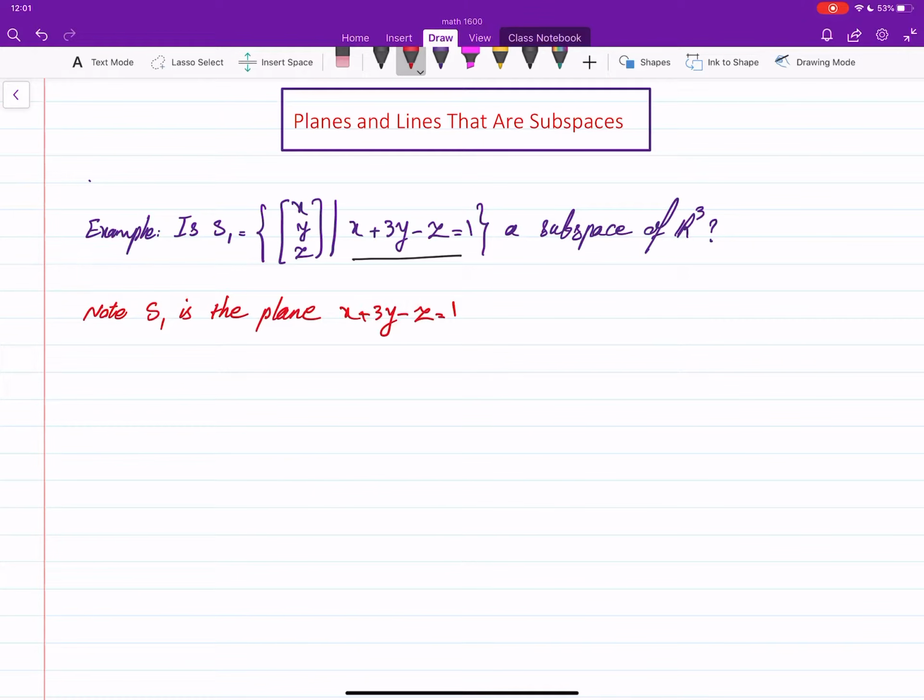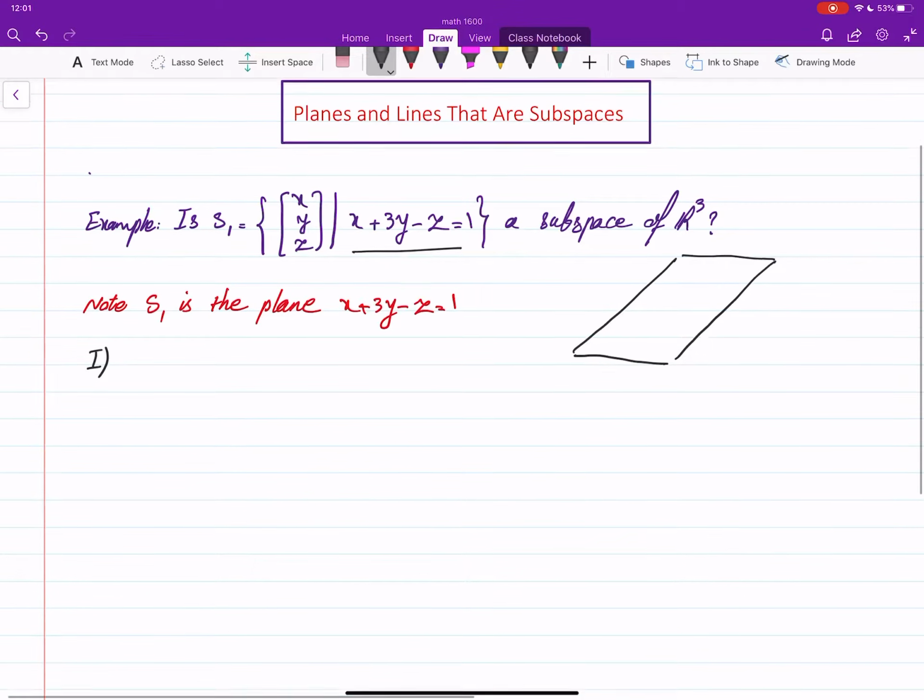Here we are trying to check if this plane, which is a plane in R3, is a subspace or not. Well, the checking doesn't change. We have to check all these three conditions.